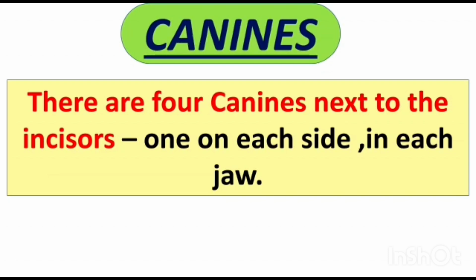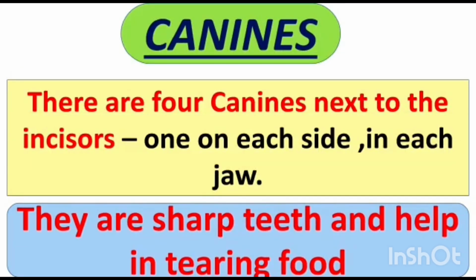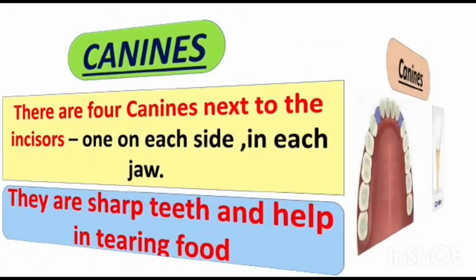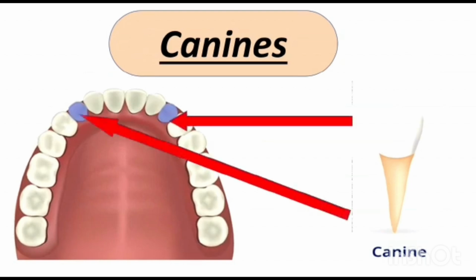They have canine teeth to tear the flesh of the animal. They are sharp teeth and help in tearing food. Now see in the picture of canines, you can see these are 2 in number in each jaw.